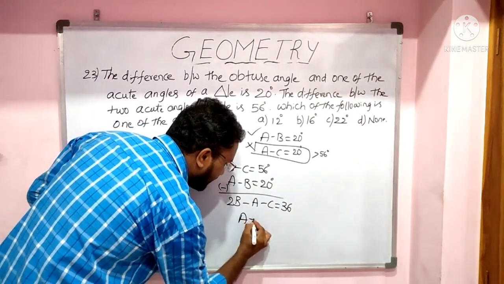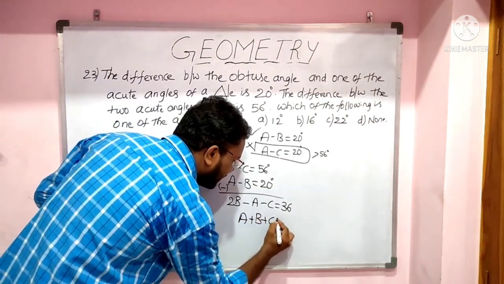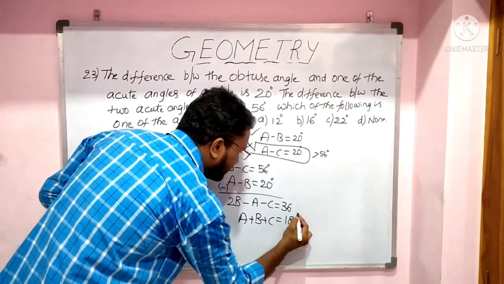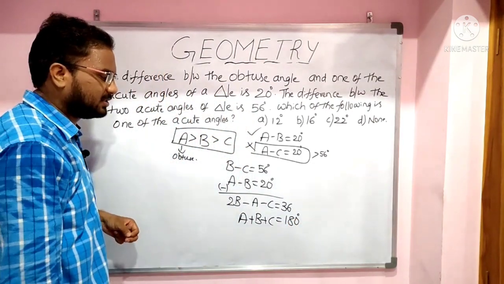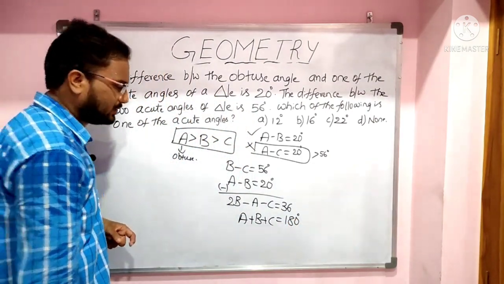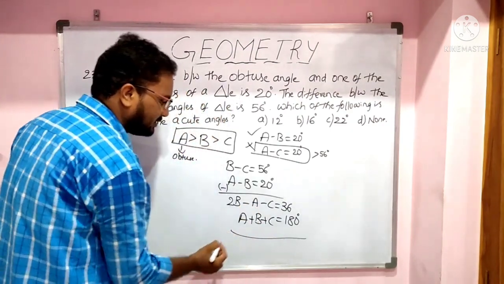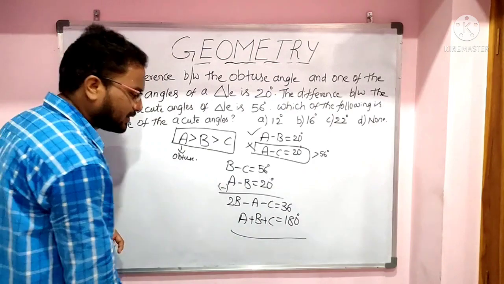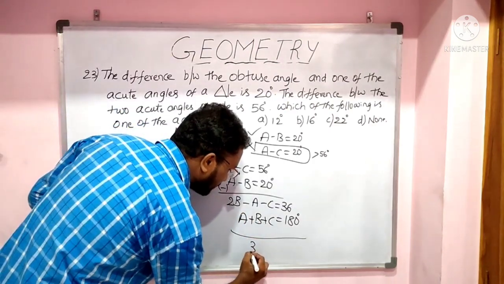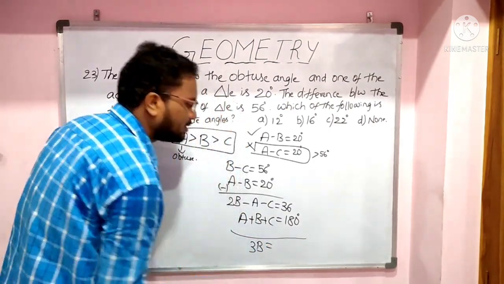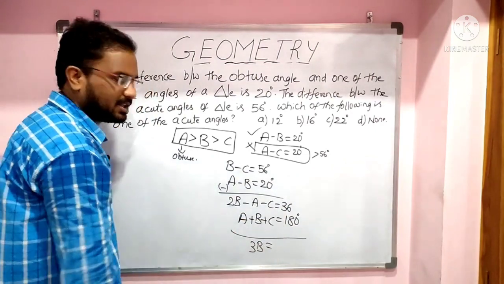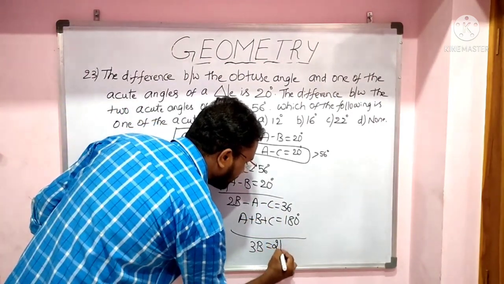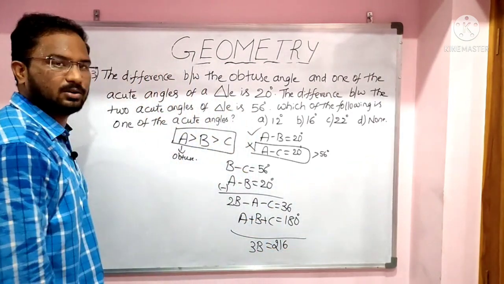So A plus B plus C equal to 180 degrees. If you add these two, A and A cancel, C and C cancel. So 3B equal to 180 plus 36, which is 216.